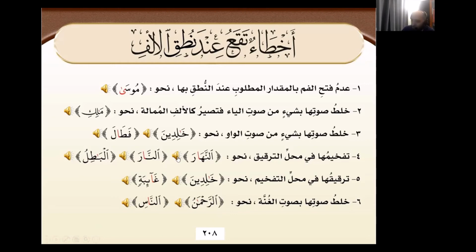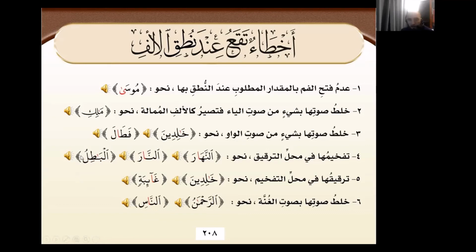Let's listen to the sound. This is the mistake: النهار or النار, when the accurate pronunciation should be النار. Can you see the difference?